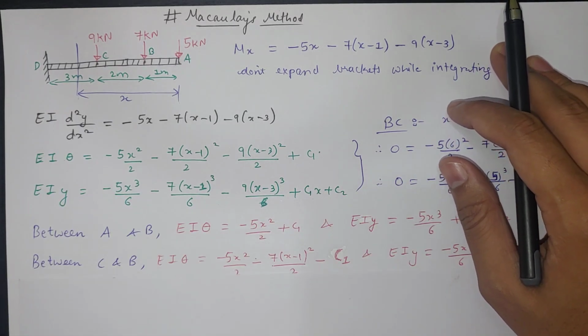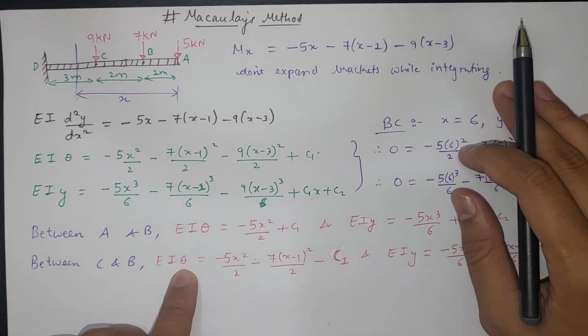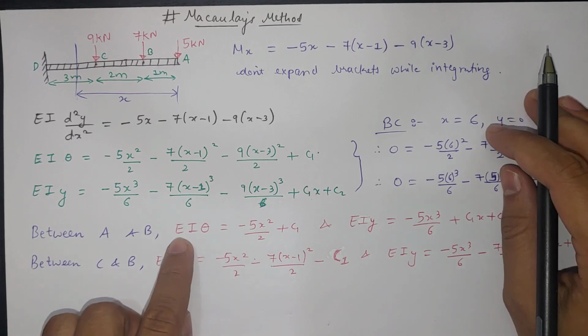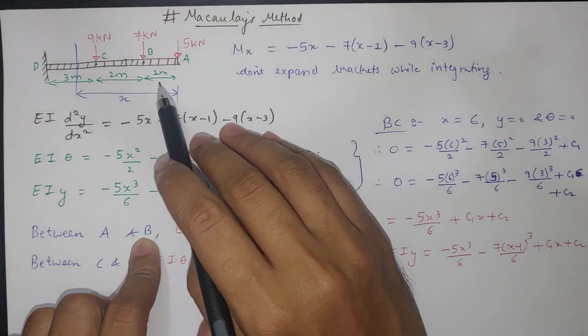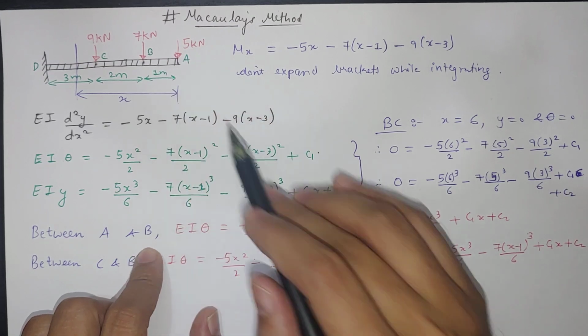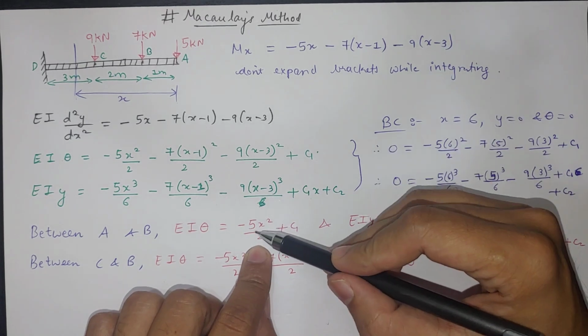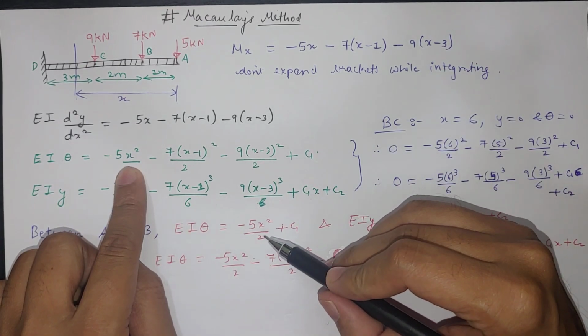Now you see, if we are calculating slope and deflection between A and B, then we have to use these two equations, where you see here for the theta equation I have used the first term.